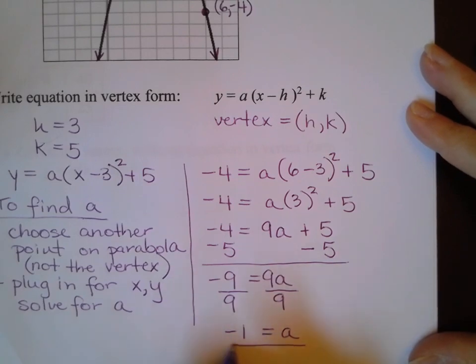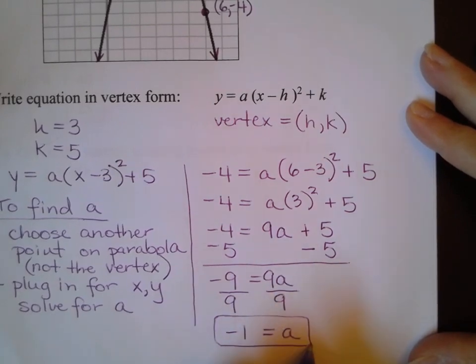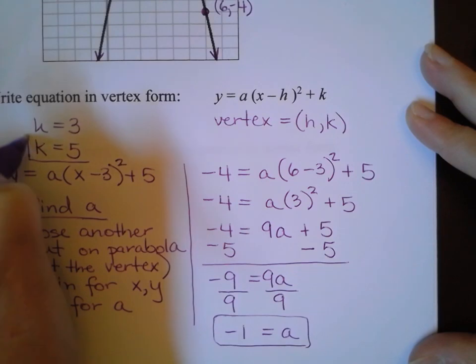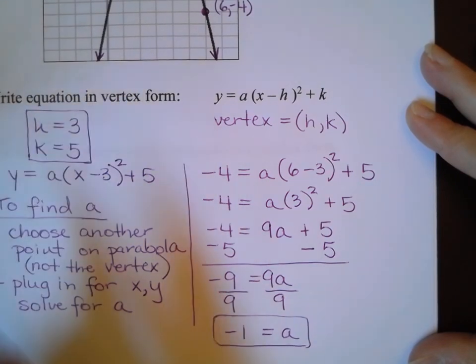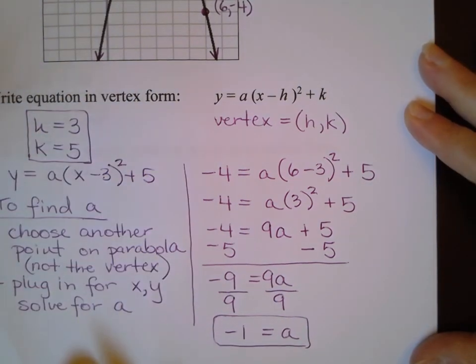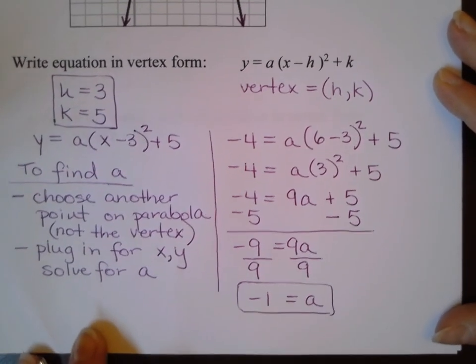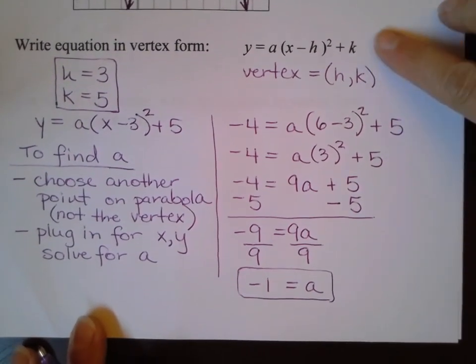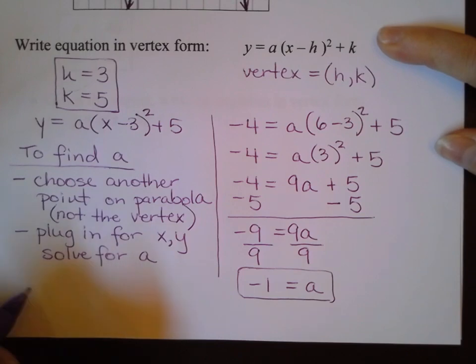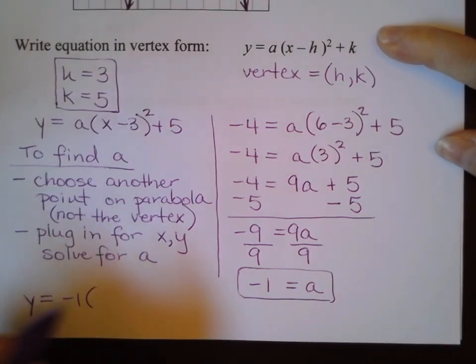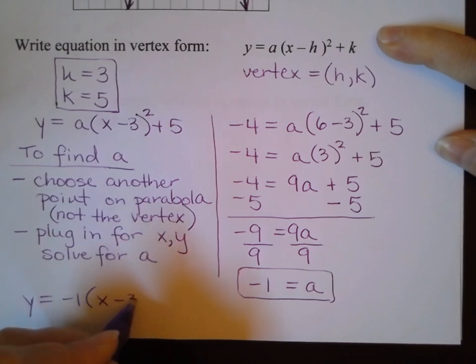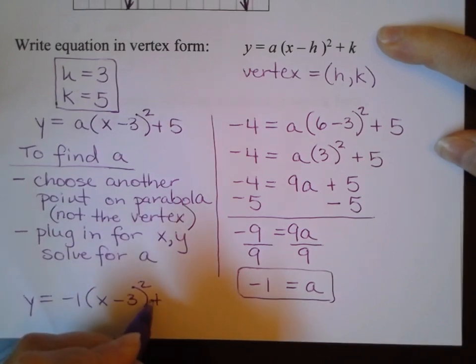Remember our goal here was to write an equation. So I'm just boxing in all the important variables that we have found the values for. Now we want to write our final answer in this vertex form. So we have y is -1 times (x minus 3) squared plus 5.